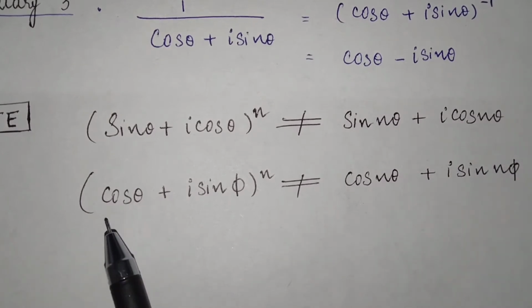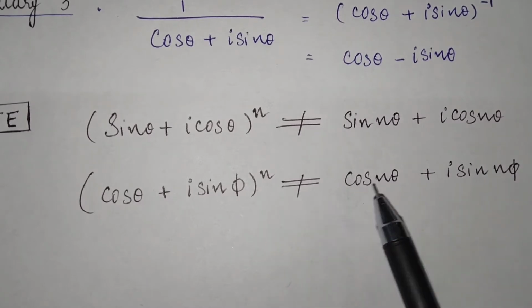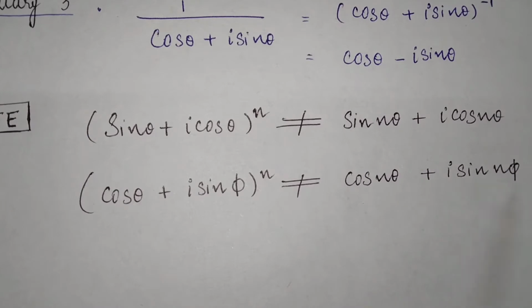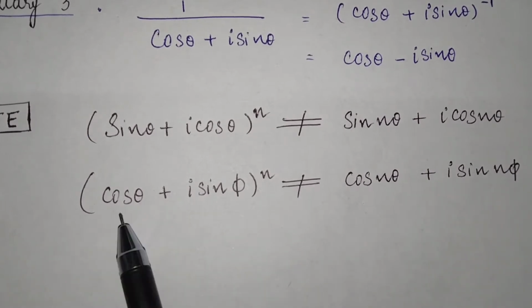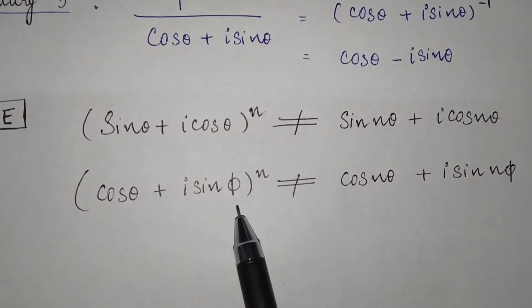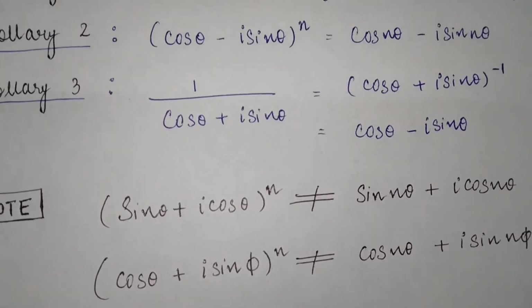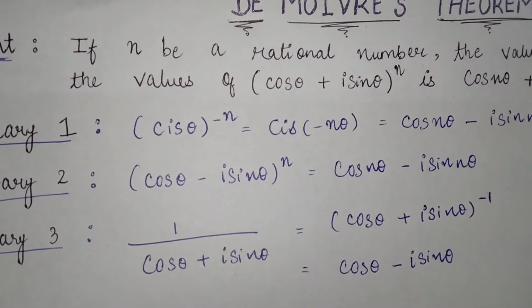Okay, and the second rule: if (cos theta plus i sin phi) raised to n is given, then also you cannot write cos n theta plus i sin n phi. Here both the angles should be the same. If it is theta here, then here also it should be theta. Then only you can apply this rule. Okay, so this is the statement and corollaries according to De Moivre's theorem.